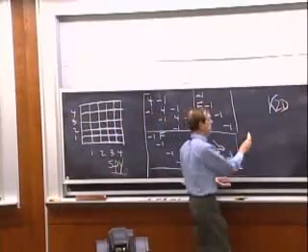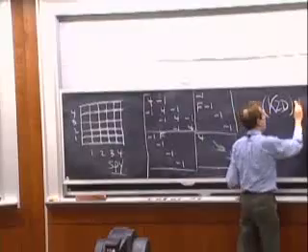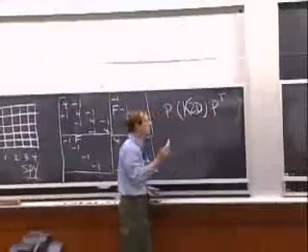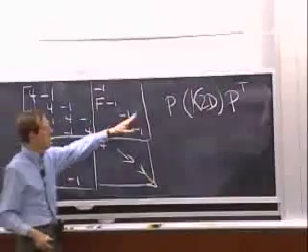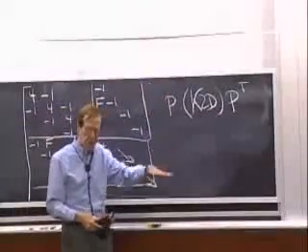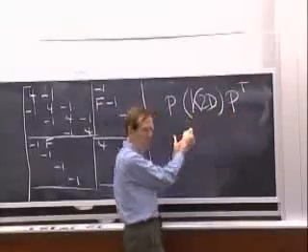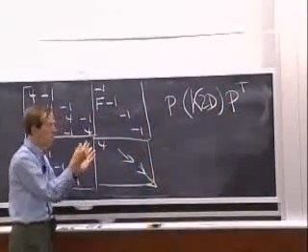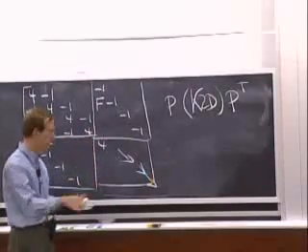So really what happens is some permutation multiplies K2D on the left, and its transpose does the same thing to the columns on the right, because this permutation will change the order of the equations. This permutation will reorder the columns to bring the diagonal back onto the diagonal, but in a different order.